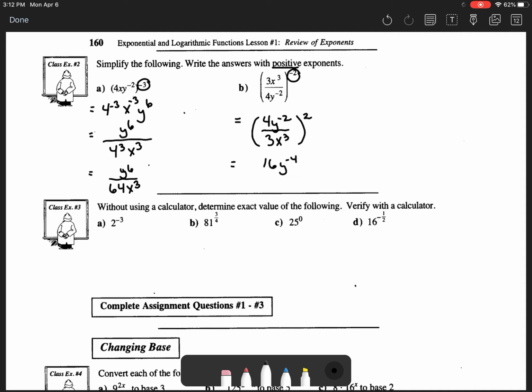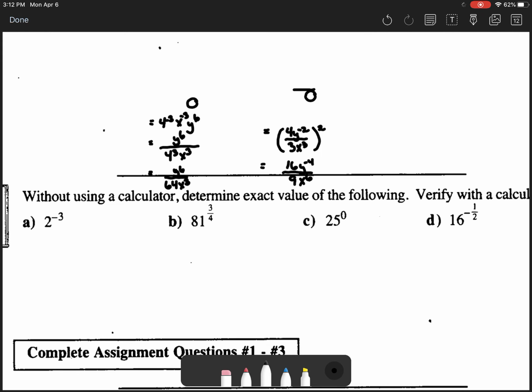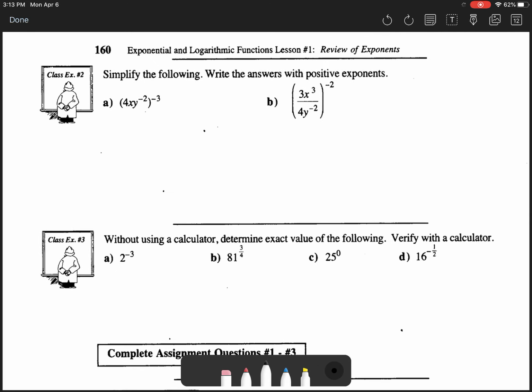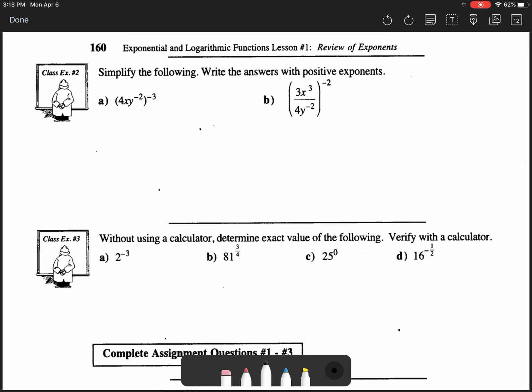So this would be 16. 4 squared is 16. This would be y to the negative 4. Then I'll have 3 squared, which is 9, and x to the exponent of 6. Oh, sorry, I better go back here. I apologize for getting rid of that.